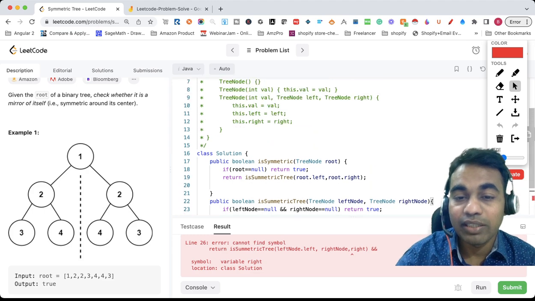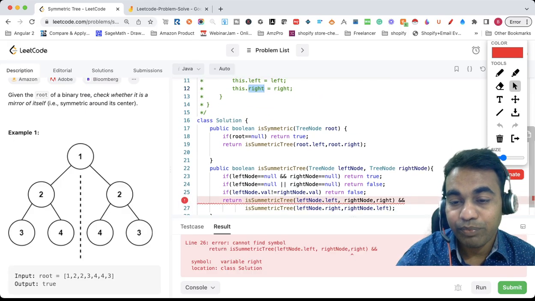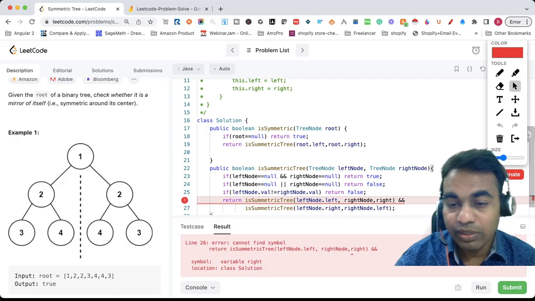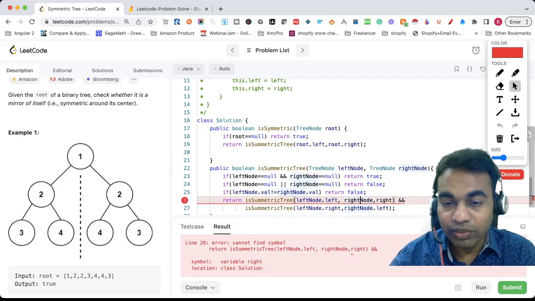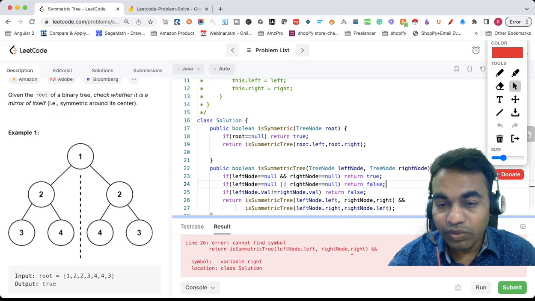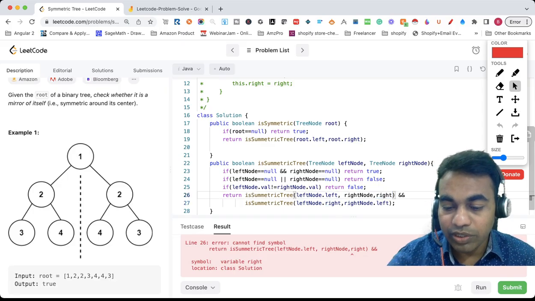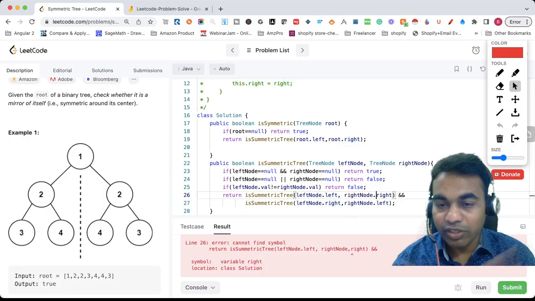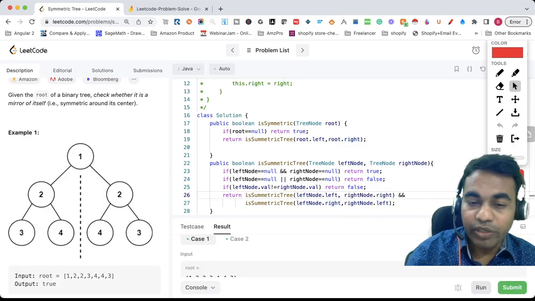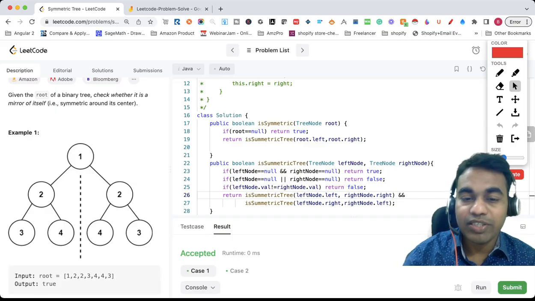If you look into the data structure, there is a right. Okay, this should be a dot, not a comma. My bad, sorry about that. Now you can see it is accepted. So let me submit it and see if it is working fine.